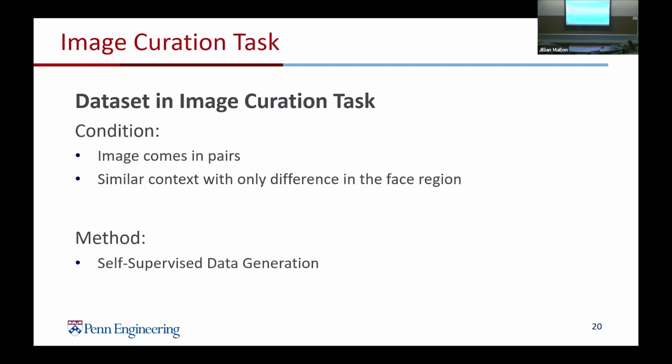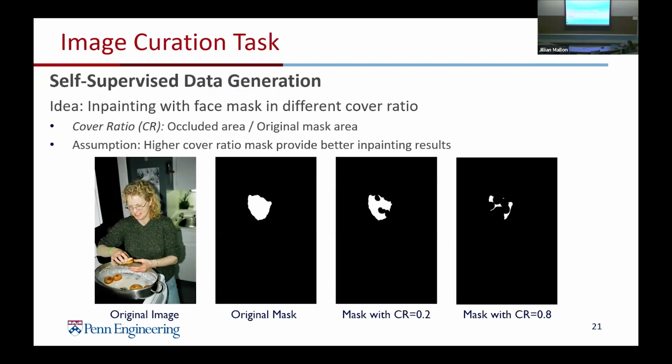To deal with that, we came up with a data generation method in a self-supervised manner, which contains mainly 2 methods. In the first method, we utilize the idea of inpainting with a face mask at different cover ratios. In this case, the cover ratio is defined as the occluded area divided by the original mask area.